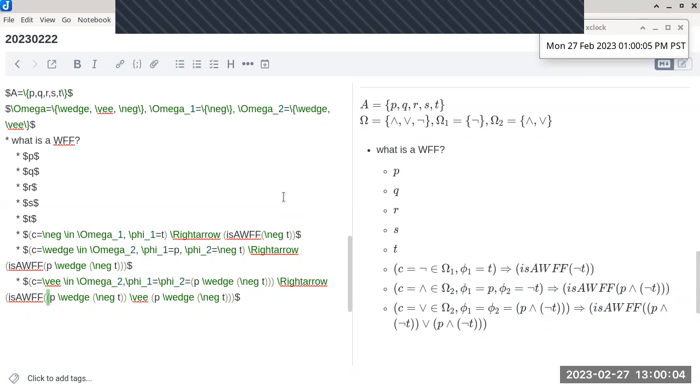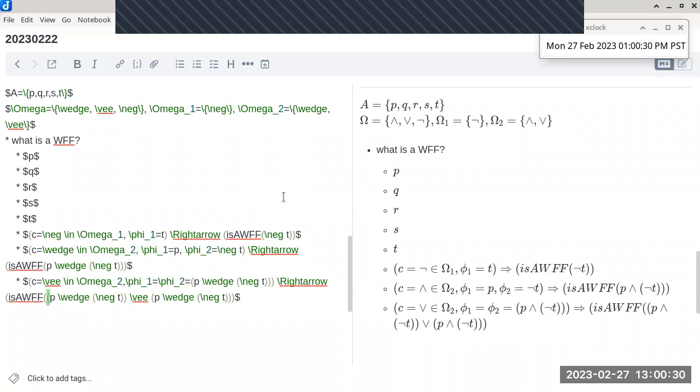Something else can express exactly the same thing, but I can make a huge universe of these well-formed formulae. Is that okay? All right, so the space of well-formed formulae is usually infinite. Are we good so far?